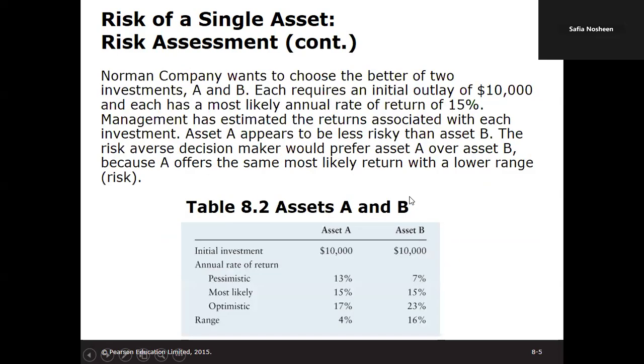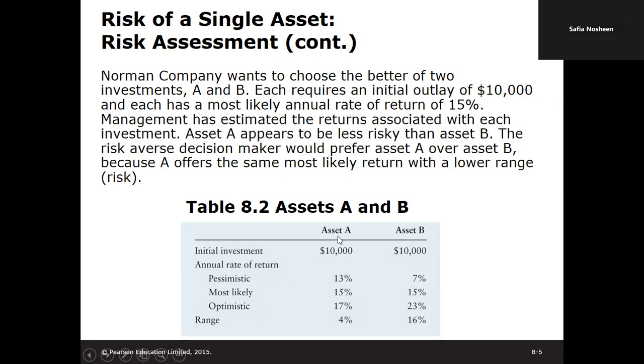In this example, you can see in the given table we have three scenarios: pessimistic, most likely, and optimistic. The worst one, the most expected one, the best one. So these three scenarios give us the variability of our returns. When we look at the calculation of range, the difference between the best one and the worst one is the range.